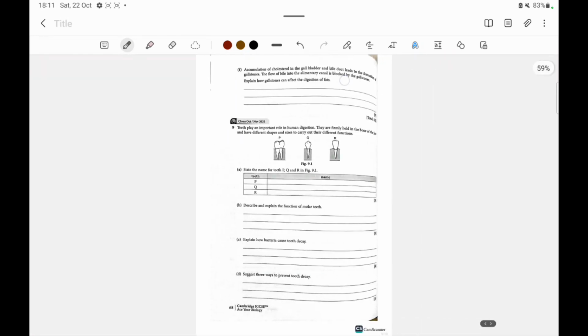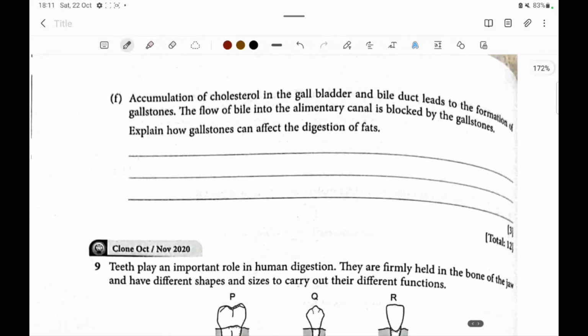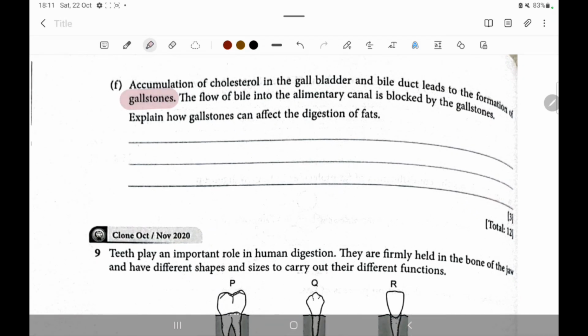Okay, last part. Accumulation of cholesterol in gallbladder and bile ducts leads to formation of gallstones. Okay. Flow of bile into alimentary canal is blocked by gallstones. Explain how gallstones affect the digestion of fats.